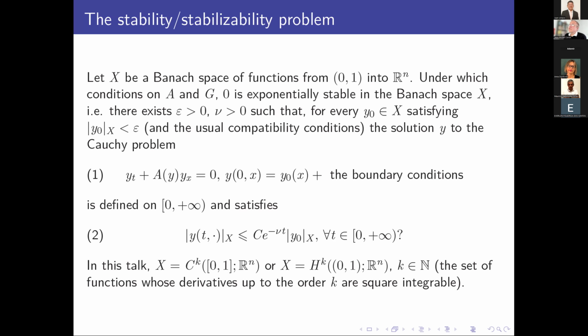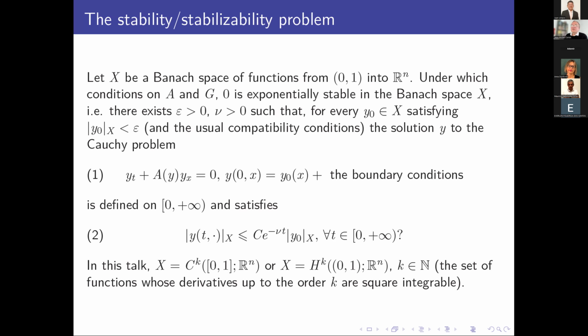And there is also the case of the Sobolev space H^k, that is, the functions whose derivatives up to order k are square integrable. Then it's well posed for k at least equal to 2. For k equal to 1, for H^1, it's not well posed.